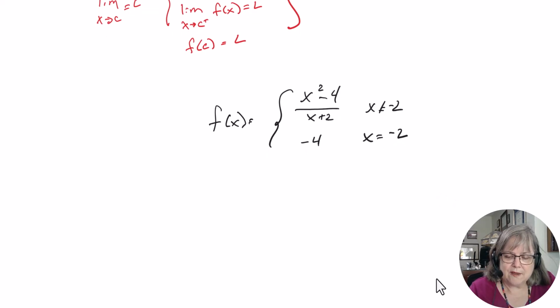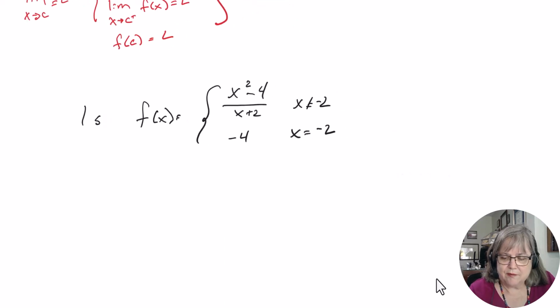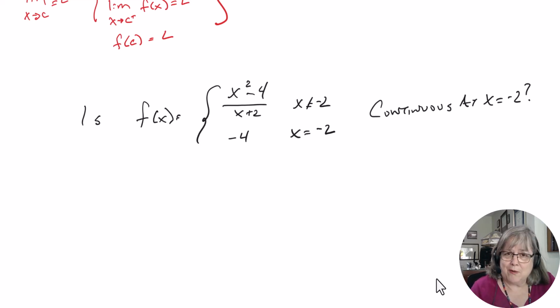And the question is, is this function continuous at x is equal to -2? And if your teacher asks that, okay, I would do the 3 parts, no matter what they said in class, because you can't go wrong with the 3 parts.